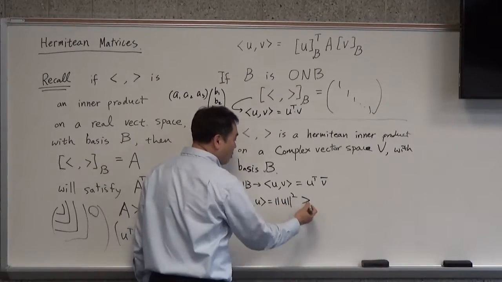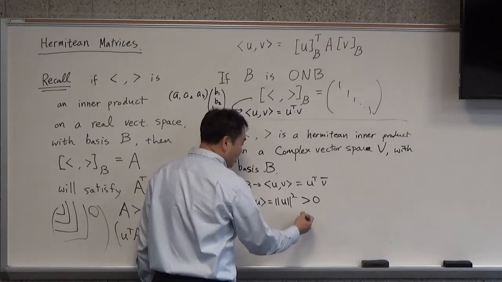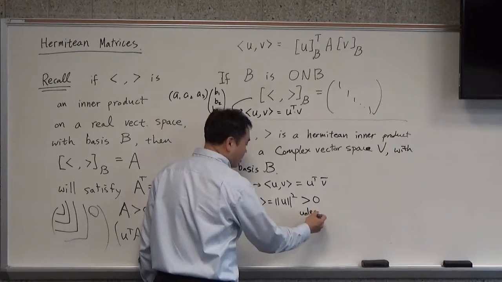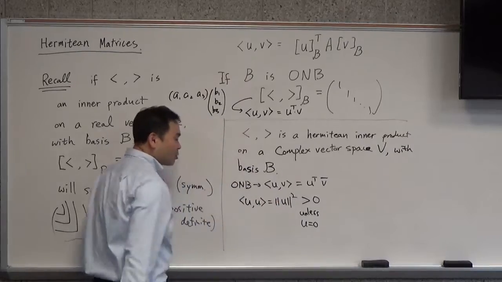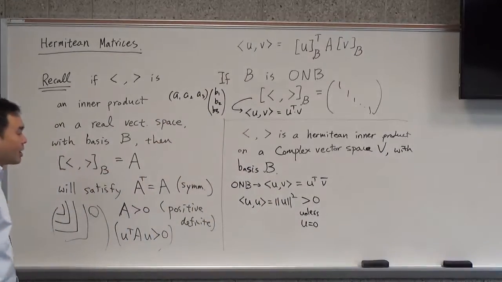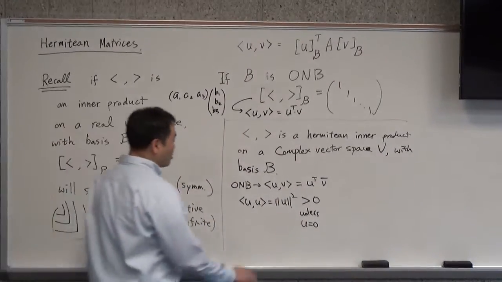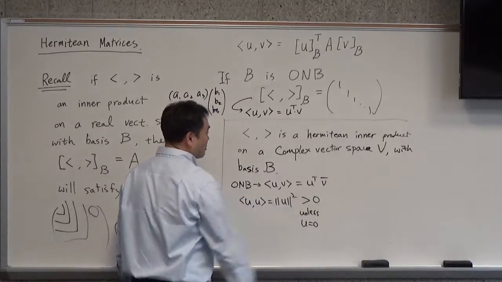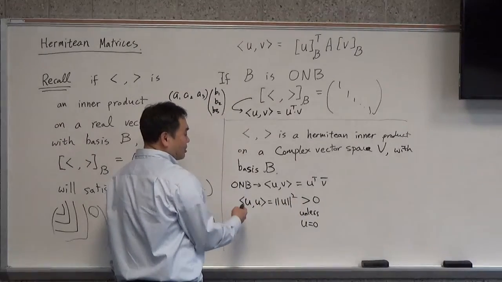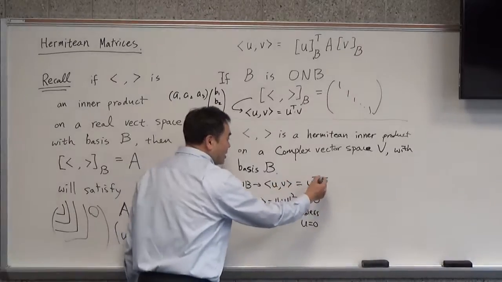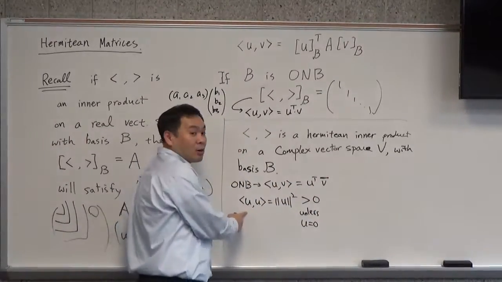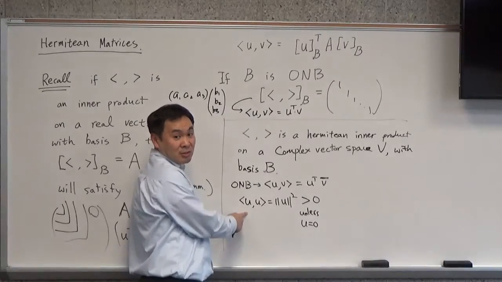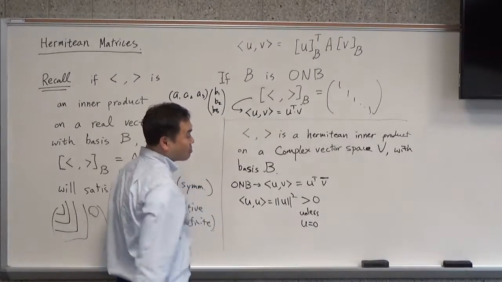In other words, this will always be positive unless U itself is 0. If it's 0, of course, the norm squared is 0. But in every other case, the norm squared will be positive. So taking a complex conjugate here enables you to preserve this positive definiteness, which is an important thing to do.